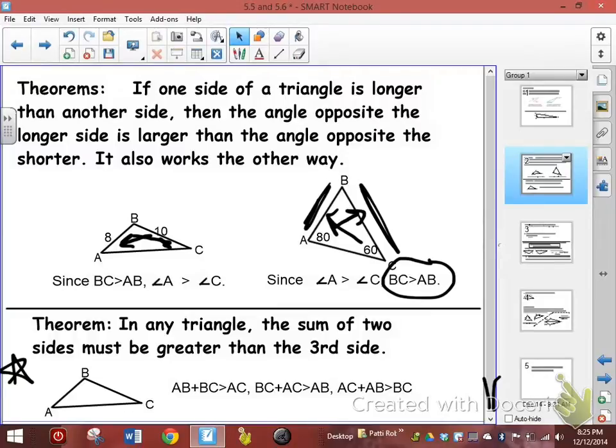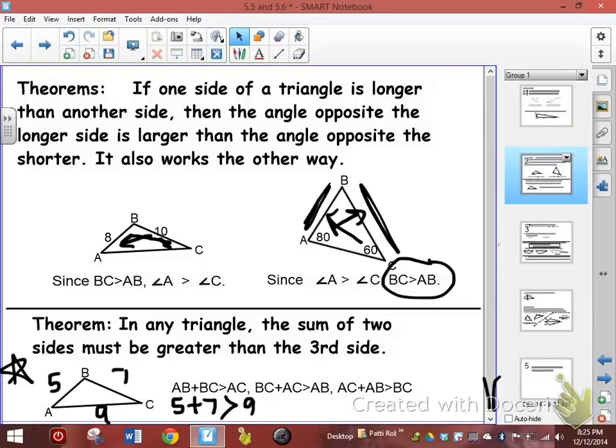Technically, you're supposed to do it for every side. So let's say, I'm just making up numbers here, this is 5, 7, and 9. What has to be true is that when you add the 5 and the 7, it's got to be bigger than the 9, which it is, because 5 plus 7 is 12, so that's bigger than 9.